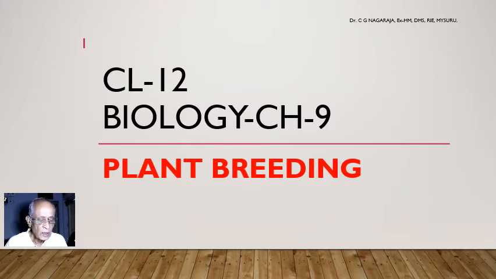These are all major aspects of Indian agricultural activities, and that is taken care of by a particular branch of science called plant breeding. So in this session, we will learn a few basics of plant breeding.